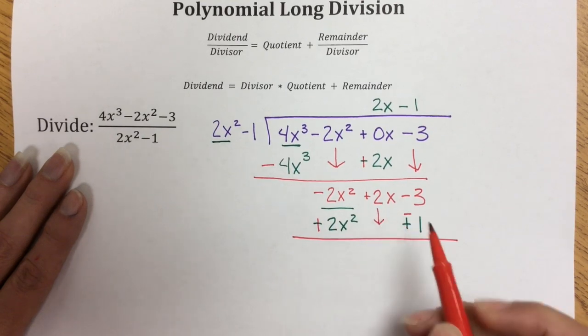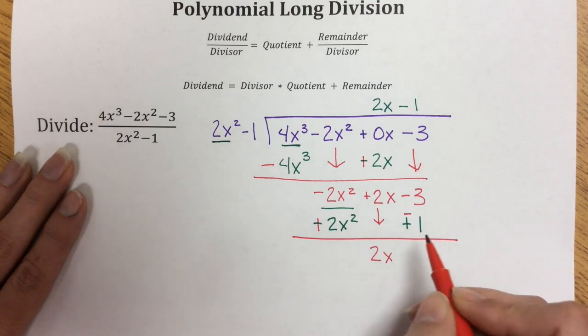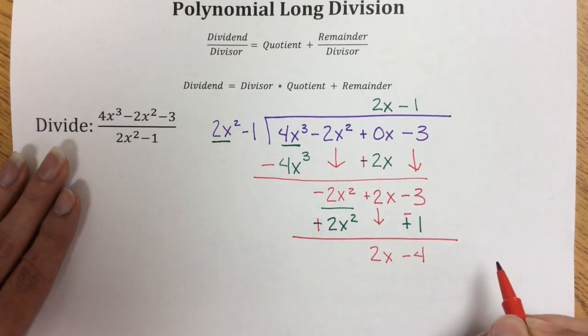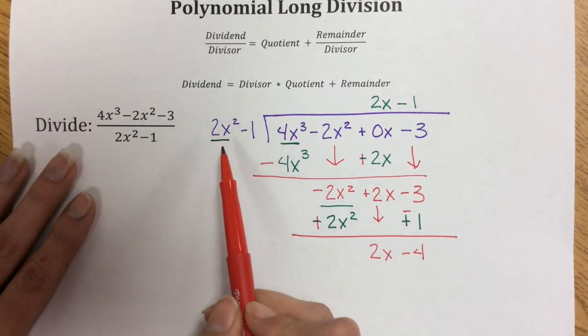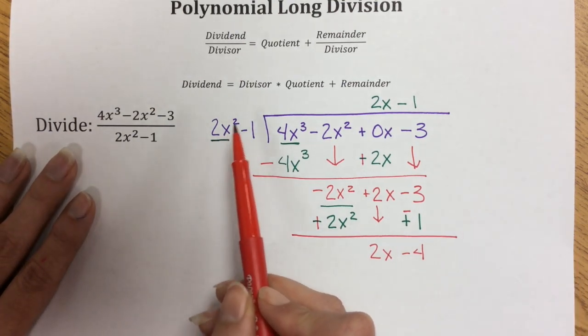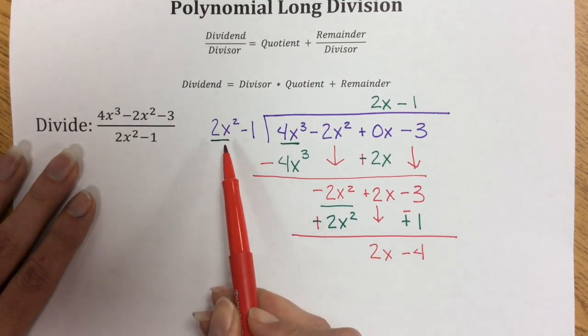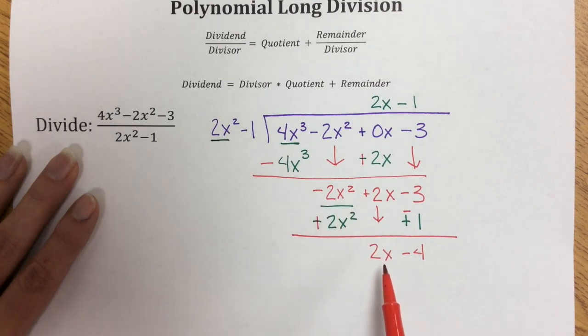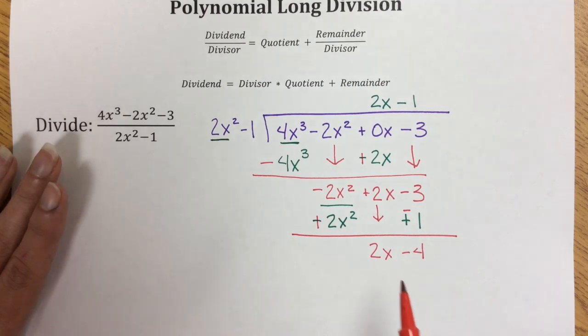This guy comes down, so you end up with 2x, and negative 3 minus 1 is negative 4. And now we can repeat. What do we multiply by 2x squared to get 2x? Nothing. There is nothing that we can multiply by an x squared term to turn it into a single x, so we know we are done.